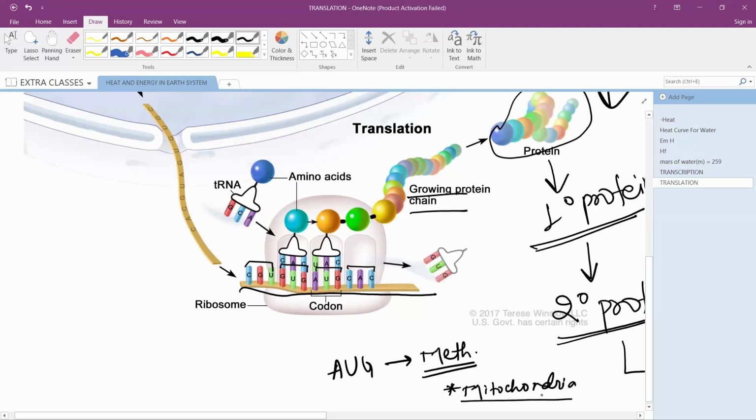Do you know that mitochondria have the capacity to do translation? No. So translation also occurs inside the mitochondria. We will see that in our sessions.